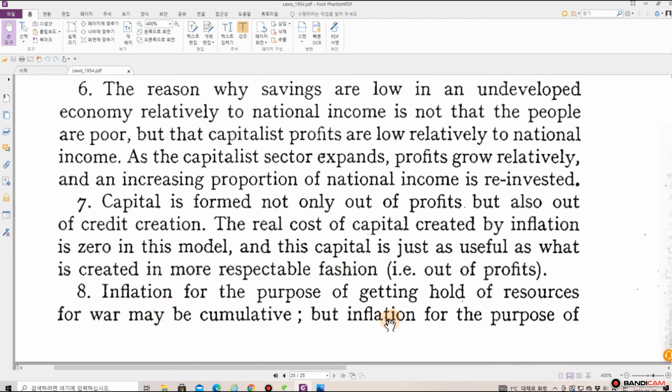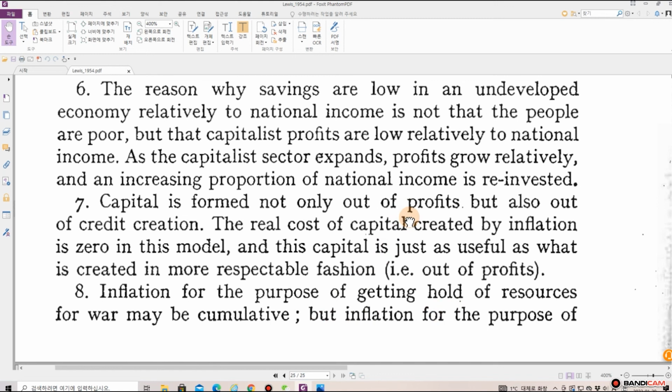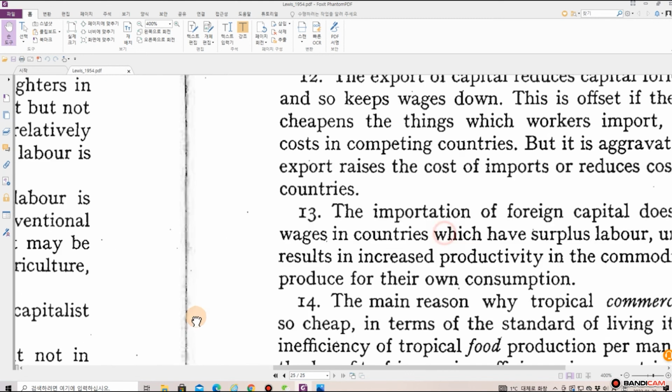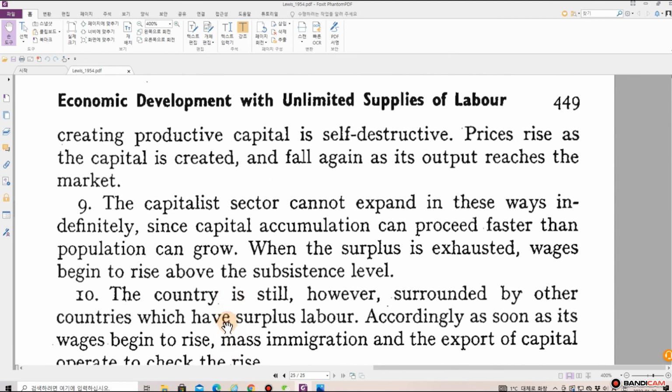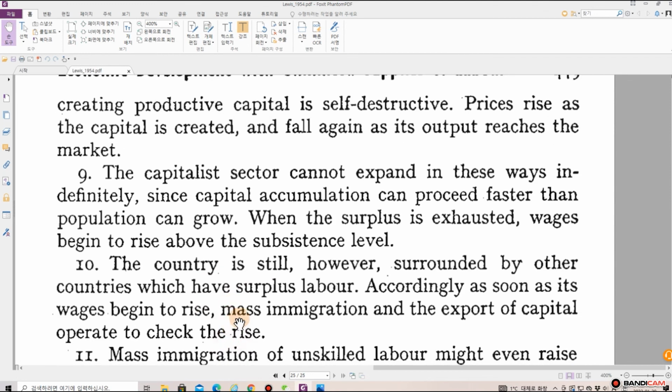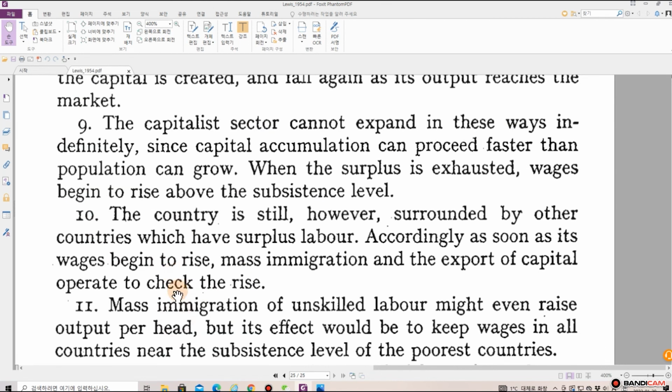Inflation for the purpose of getting hold of resources for war may be cumulative, but inflation for the purpose of creating productive capital is self-destructive. Prices rise as the capital is created and fall again as its output reaches the market.